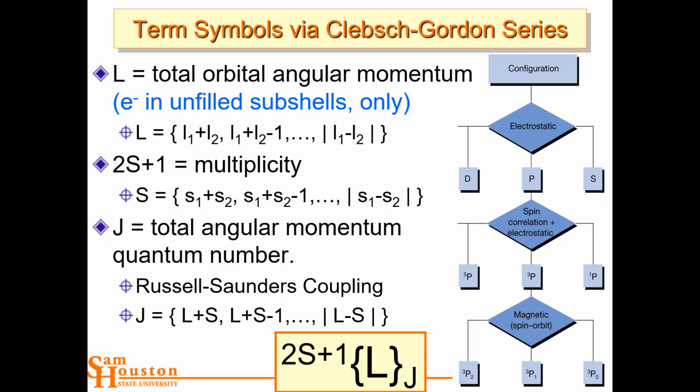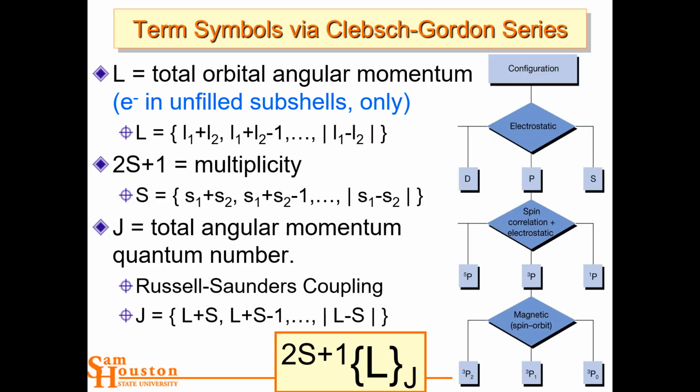And so this is how we write the term. We have the total angular momentum, which is L, the capital letter L. We have the multiplicity as a superscript prefix, and then a subscript added on is the J quantum numbers.